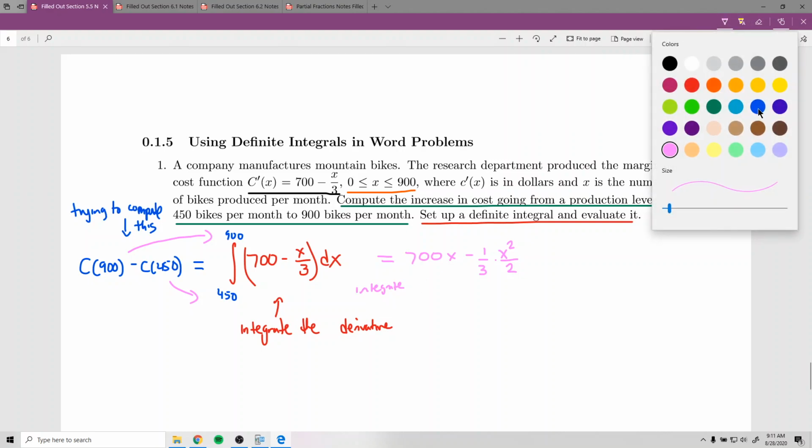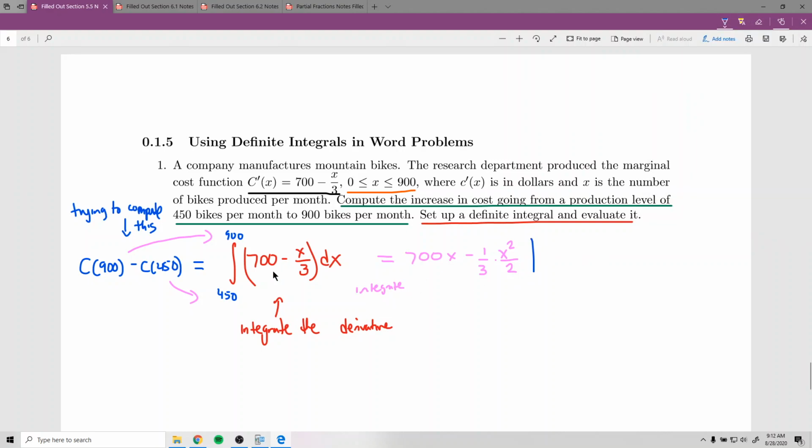And then we put our evaluation bar, 450 to 900. Now, like always, I'm going to simplify it a little bit, and we can make this x squared over 6. So we got 700x minus x squared over 6.